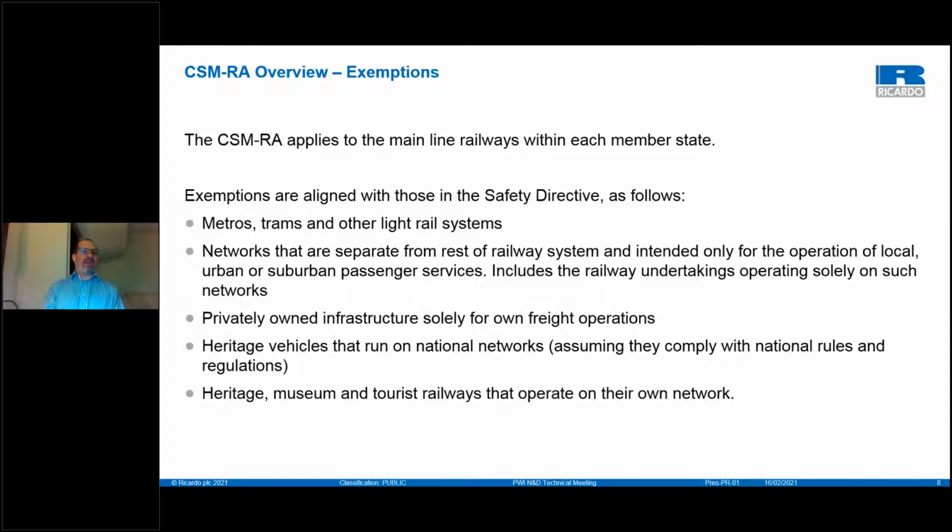Heritage, museum and tourist railways that operate on their own network, the steam railways, the tourist railways, are not applicable. The CSMRA is not applicable to them, so they are able to make changes under their own safety management systems without the need to comply with CSMRA.